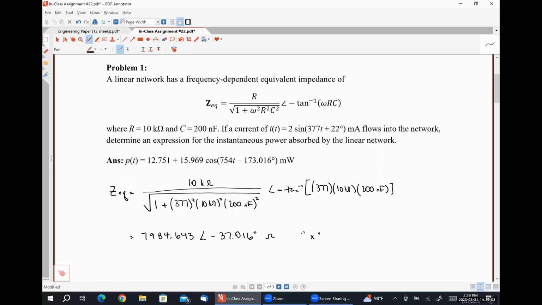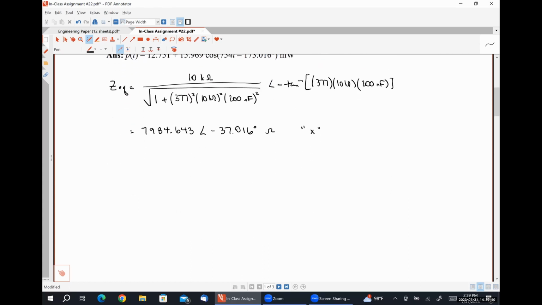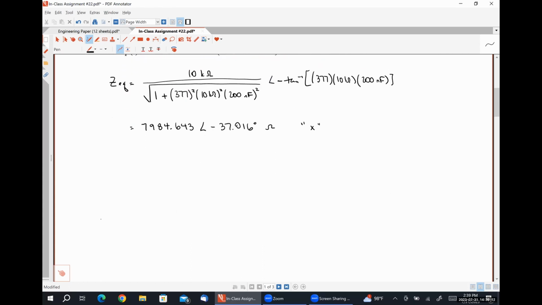So we are going to wind up using our generic equation, right? I'm going to write it down here.